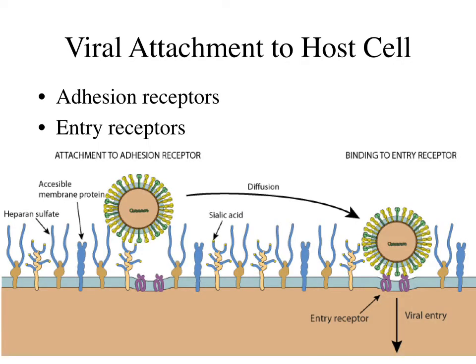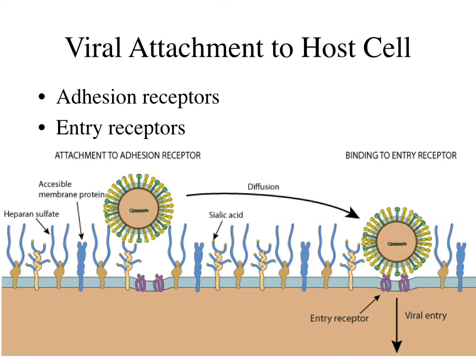Cell receptors to virus can be classified into 2 classes: adhesion receptors and entry receptors. Adhesion receptors attach the virus in a reversible manner to target cells or organs. This adhesion is not mandatory for virus entry and alone does not trigger entry.